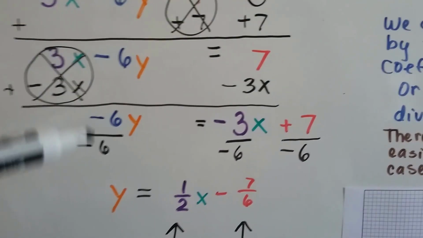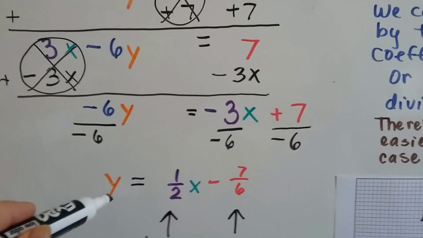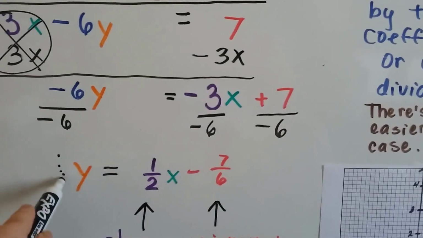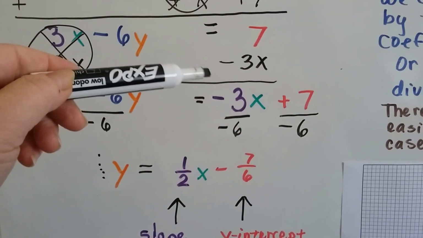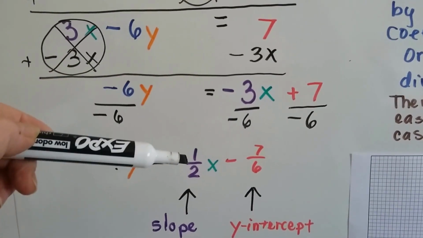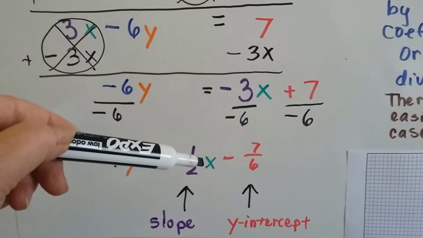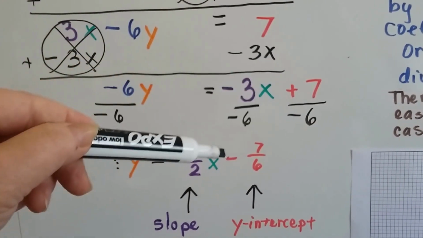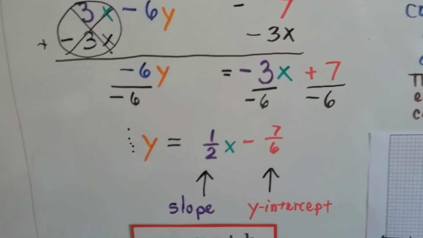And it gets us straight away into a y, because this negative and negative makes a positive, and that makes our buddy the invisible 1, doesn't it? And -3 over -6, -3 divided by -6 gives us a positive half x, and this positive and negative makes a negative, so we have -7/6.